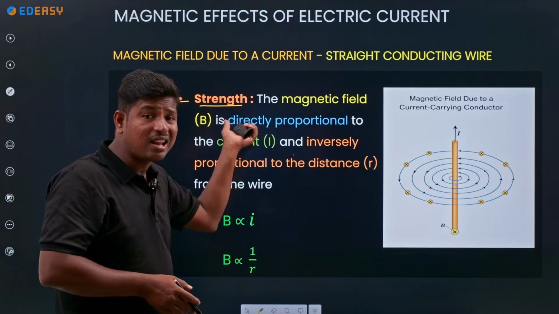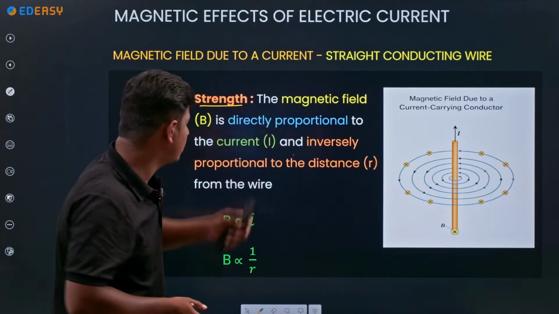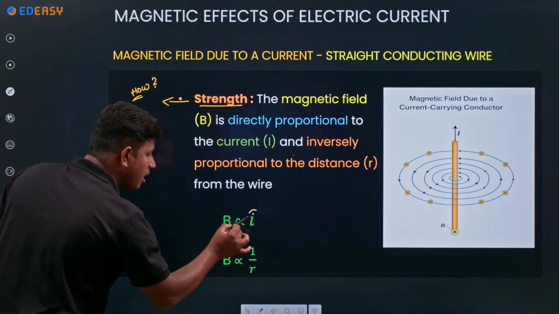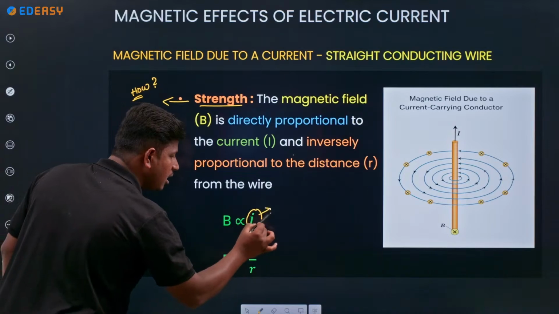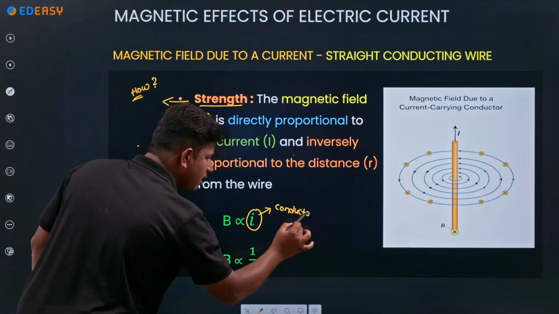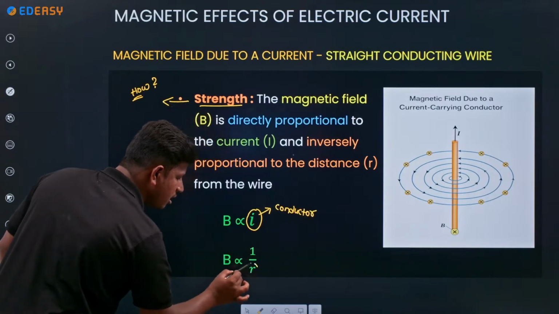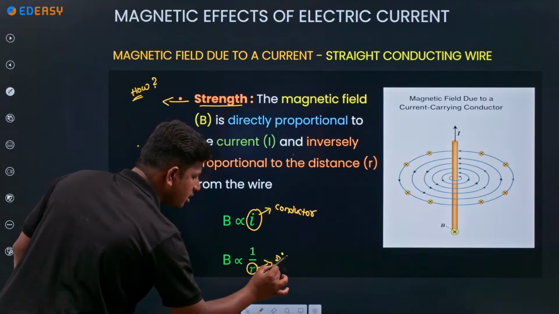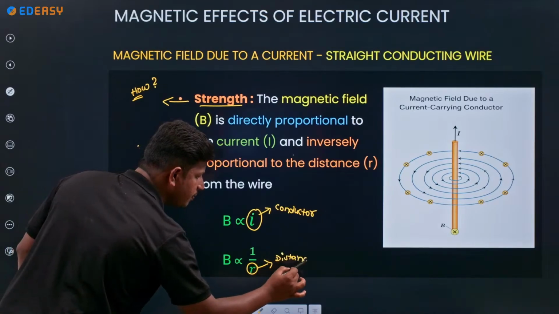So this attraction or repulsion depends upon the current in a conductor, and is inversely proportional to the distance from the magnetical field lines.